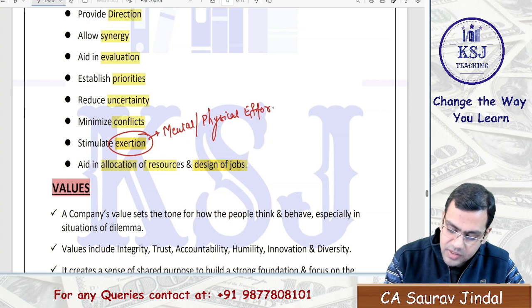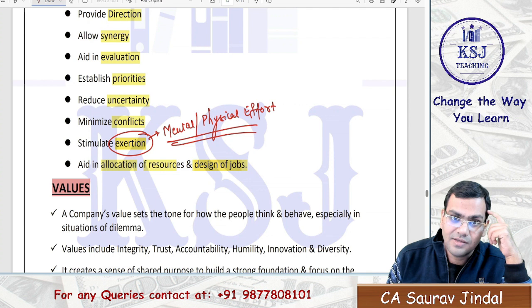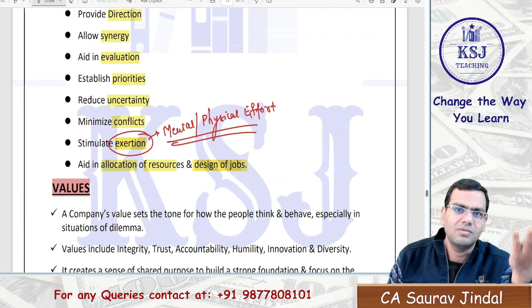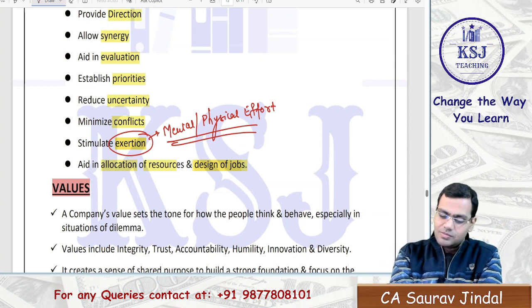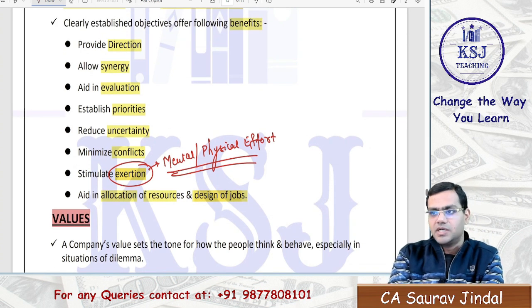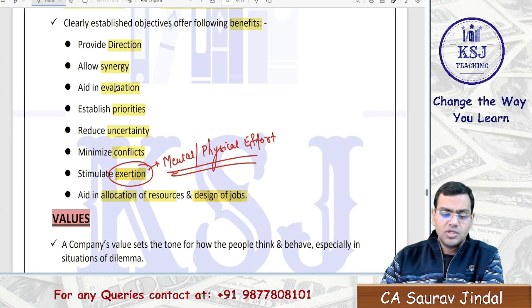If the objective is there, only then will you put it into action. If there is no objective, then why put a burden on the brain? So these are the benefits objectives provide. Clear? Direction, synergy, evaluation, priorities, uncertainty, conflicts, exertion, allocation of resources, right?